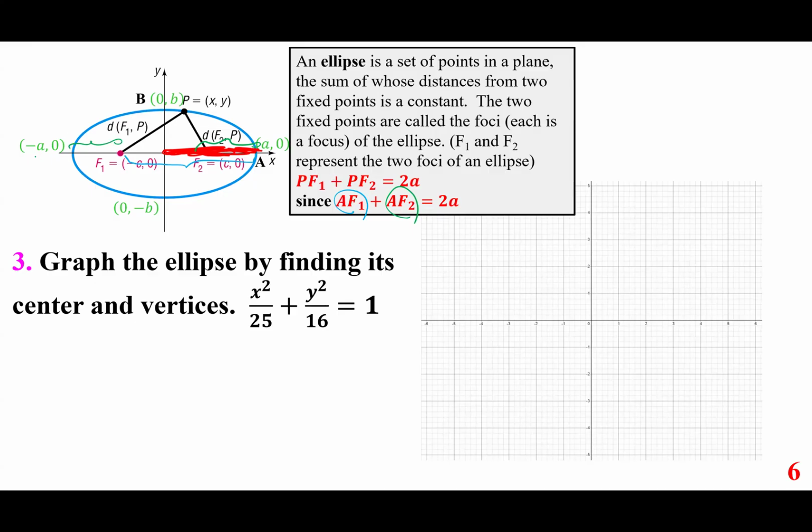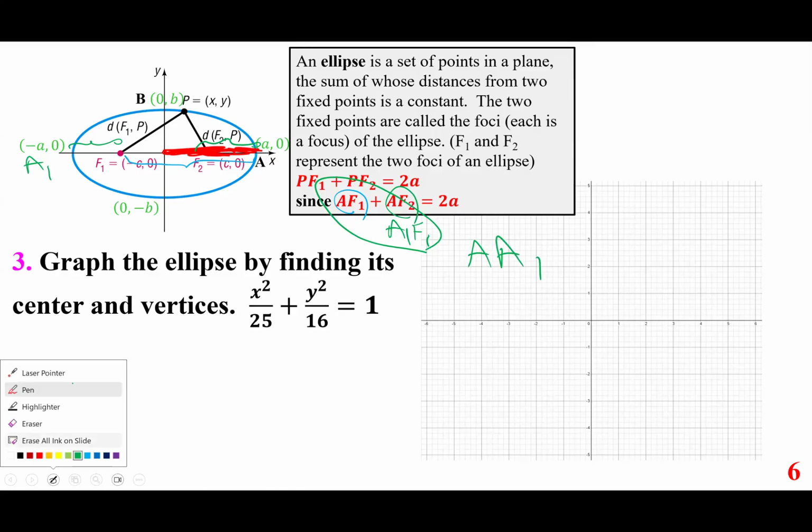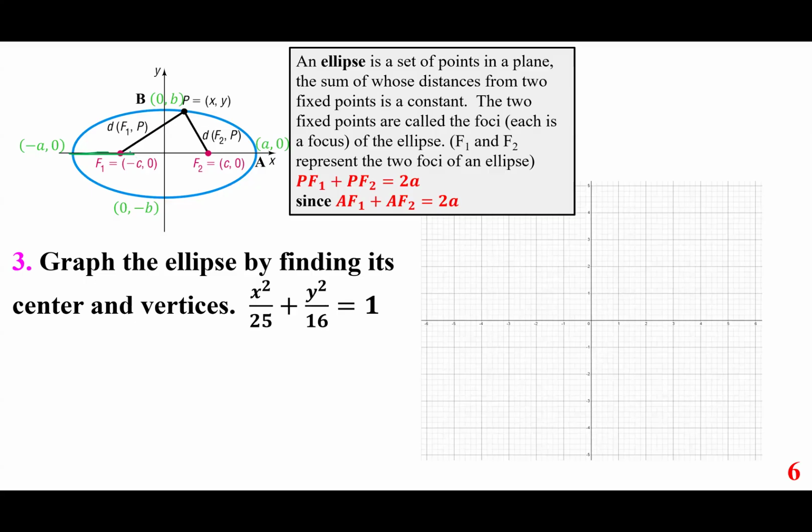We're going to call it A1, so it's the same as A1F1. And when you add those two, you get AA1. This is the distance between the x-intercepts. Let's call this A1. And as you know, that's equal to 2a. So that's a proof, believe it or not.